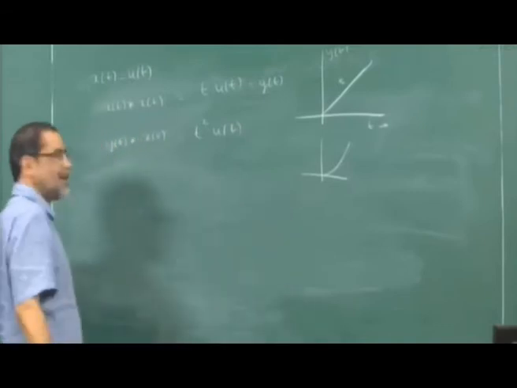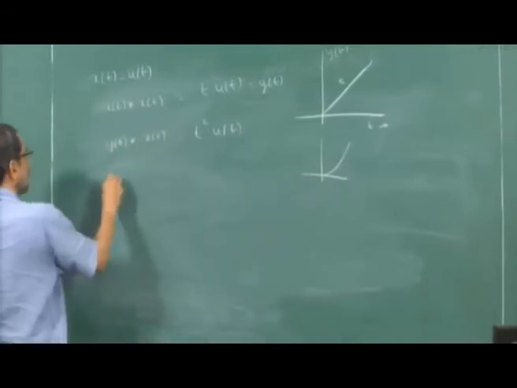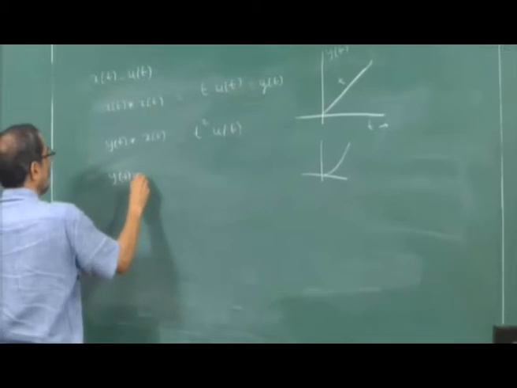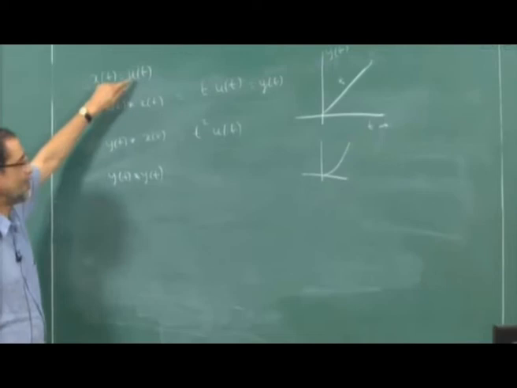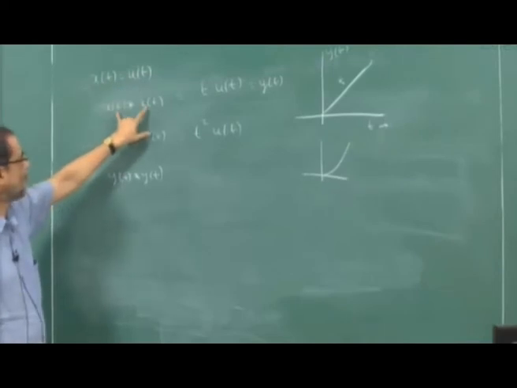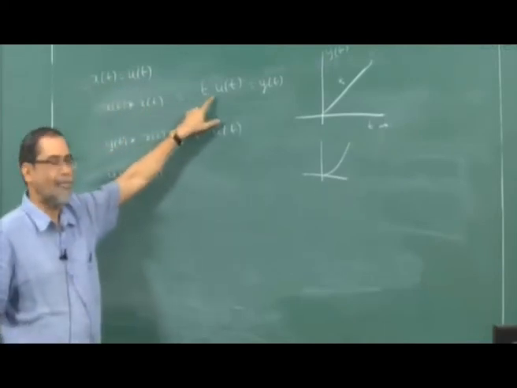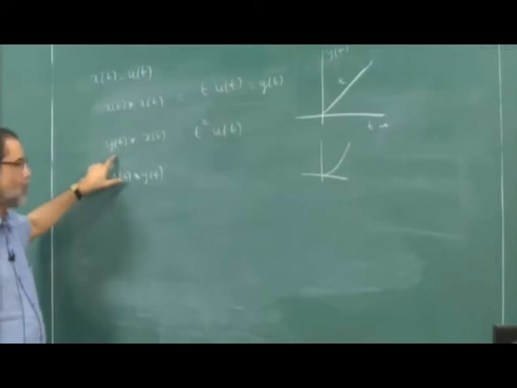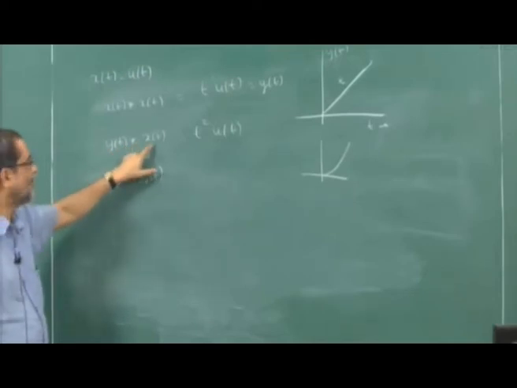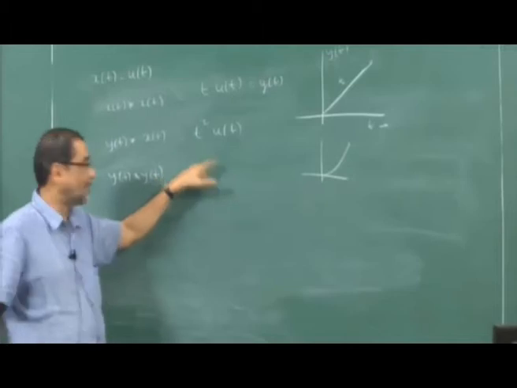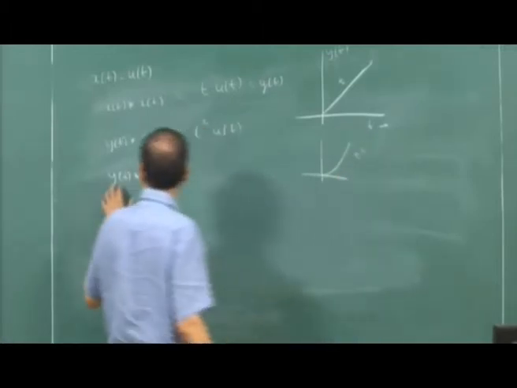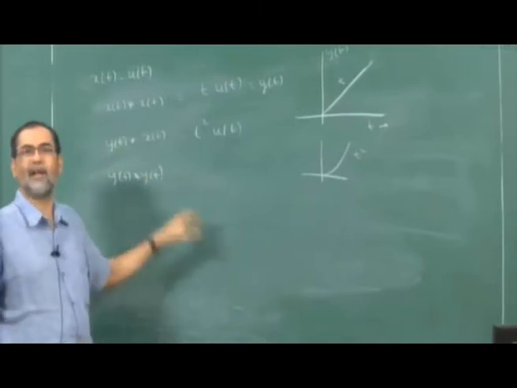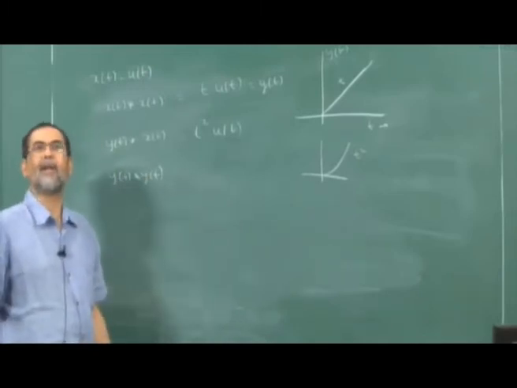The question asked here is, what happens if y of t is convolved with another y of t? Remember, x of t I defined as unit step; I convolve x of t with itself, you get a ramp. You convolve the output, that is ramp, with unit step, you get t square, a parabolic function. So if you convolve a ramp with another ramp, what happens?